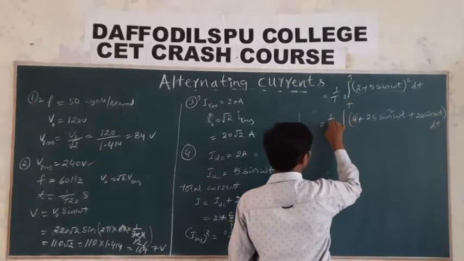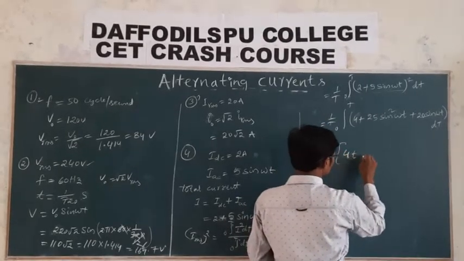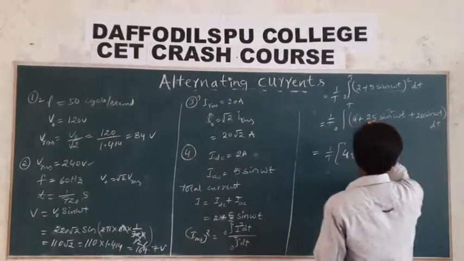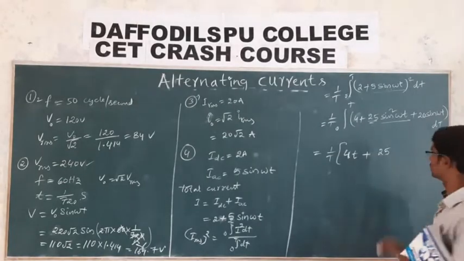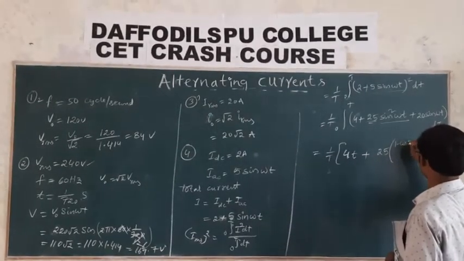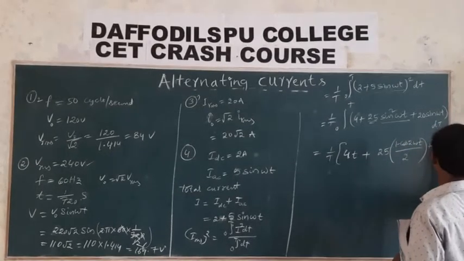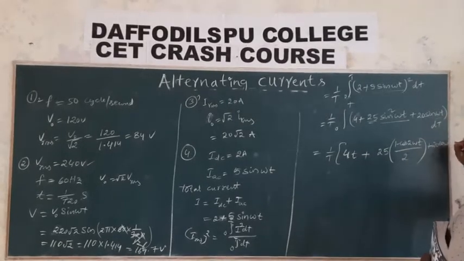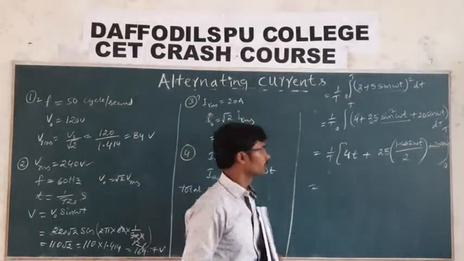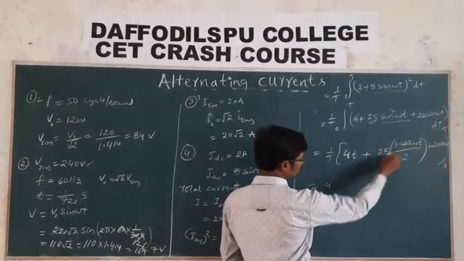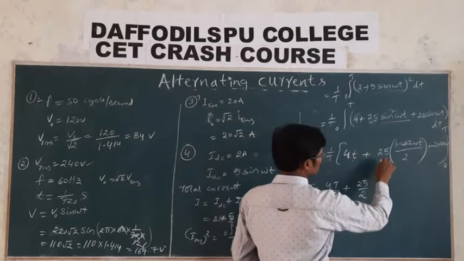0 to T, 1 by T into 4 into T plus 25 into, what is the integration for sin square omega t? 1 minus cos 2 omega t by 2, plus 20 sin omega t. Limits are from 0 to T. When you take this, 4T by T plus 25 by 2.